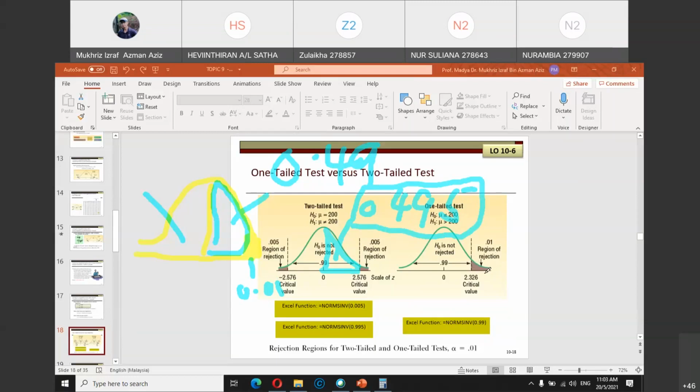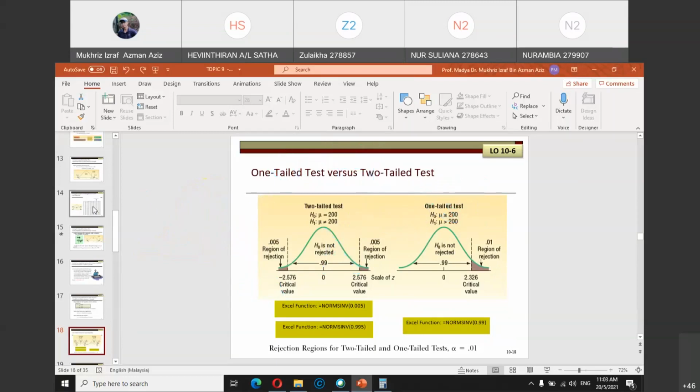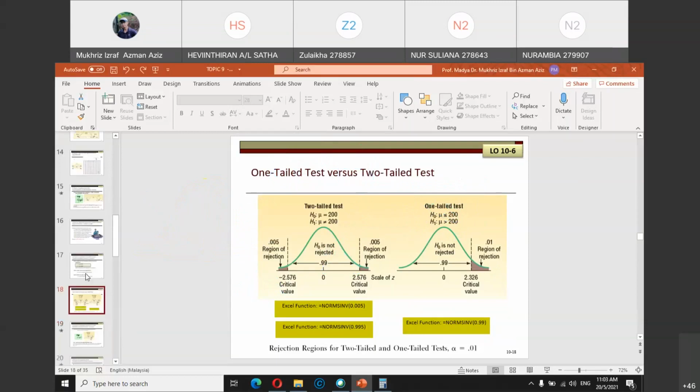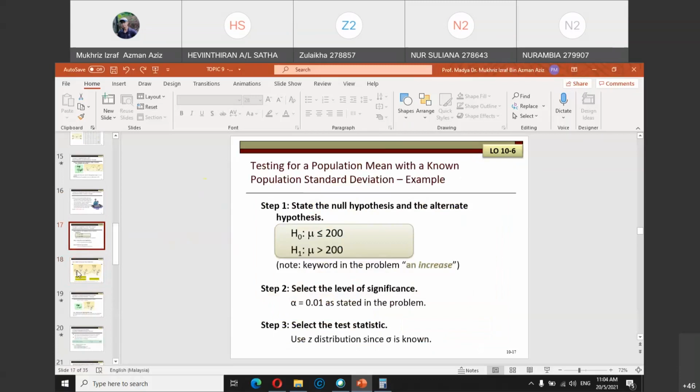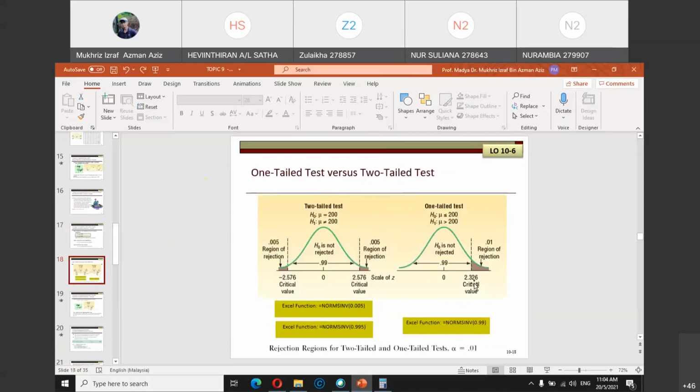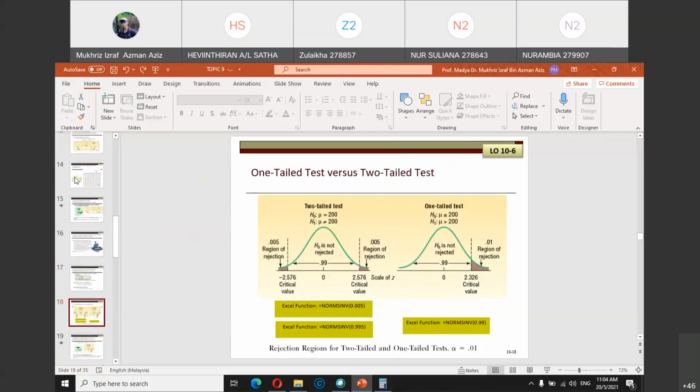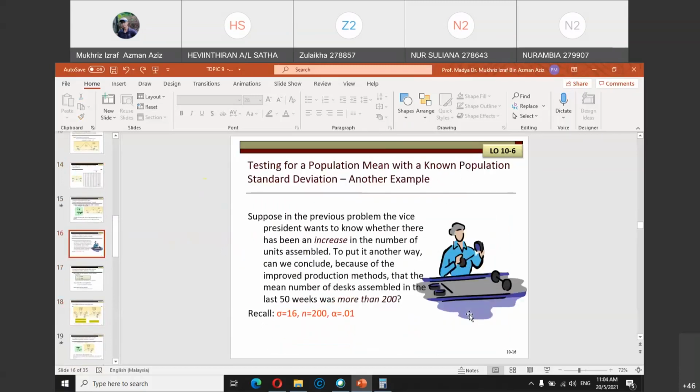Because this area is 0.01, the remaining area should be 0.49, because the total should be 0.5, correct? So refer to the Z table: what will be the value closest to 0.49? You will find that the critical value is 2.33. You can check back.